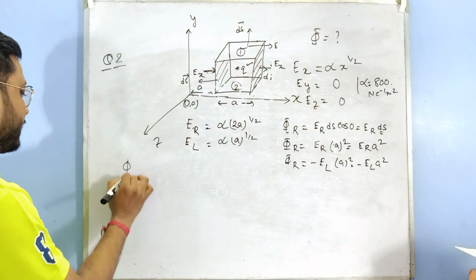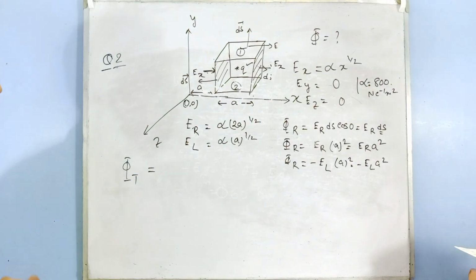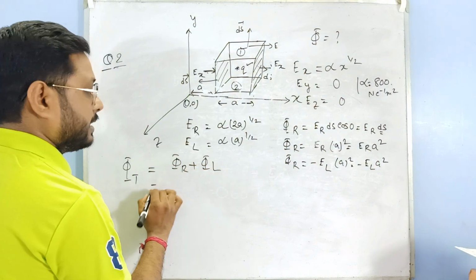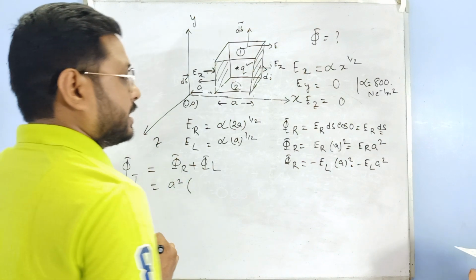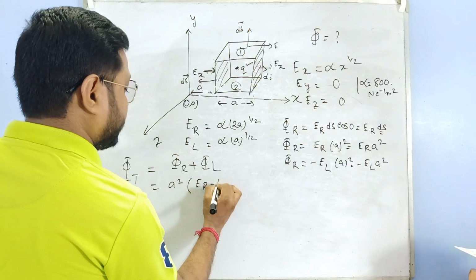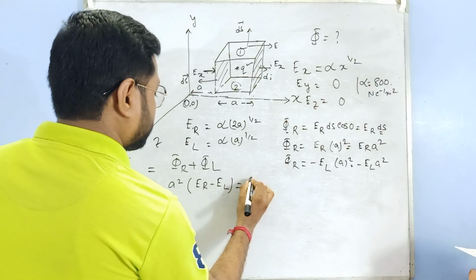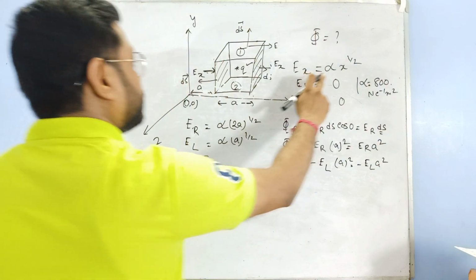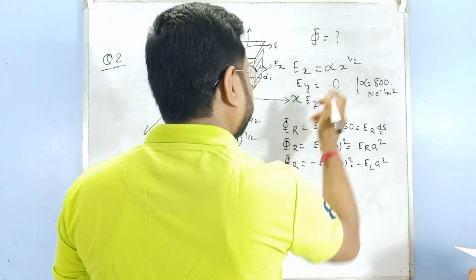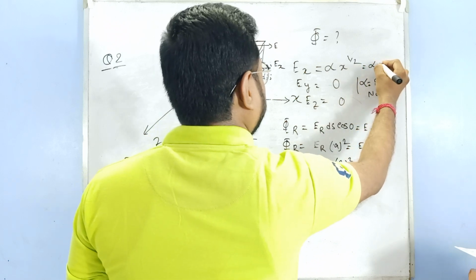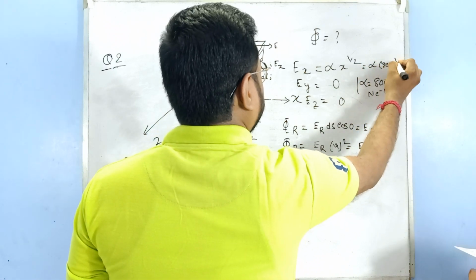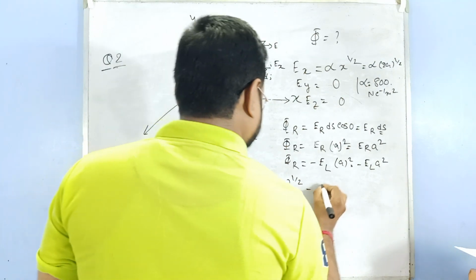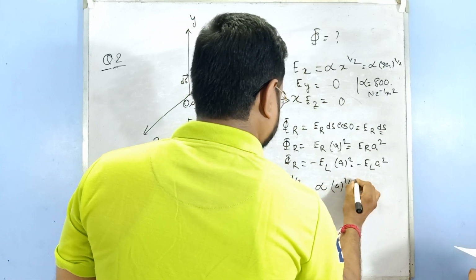So the total flux phi T equals phi R plus phi L. Taking a square common, ER minus EL. What is the value of ER? ER equals alpha into 2a to the power half, minus alpha a to the power half.